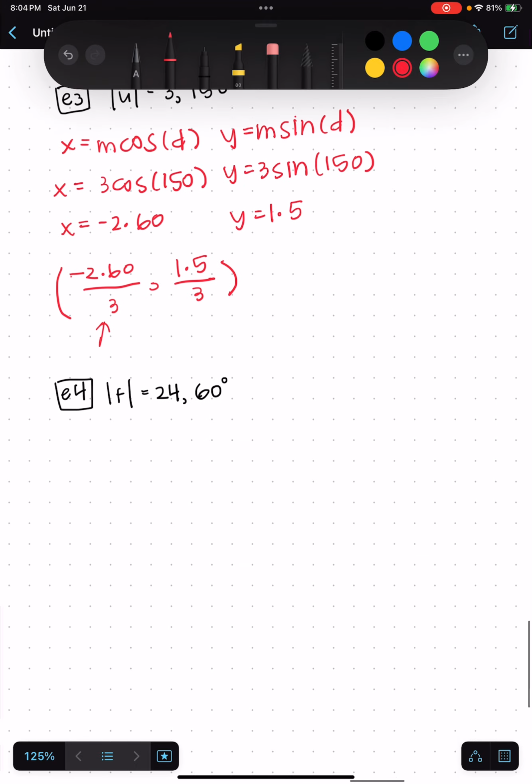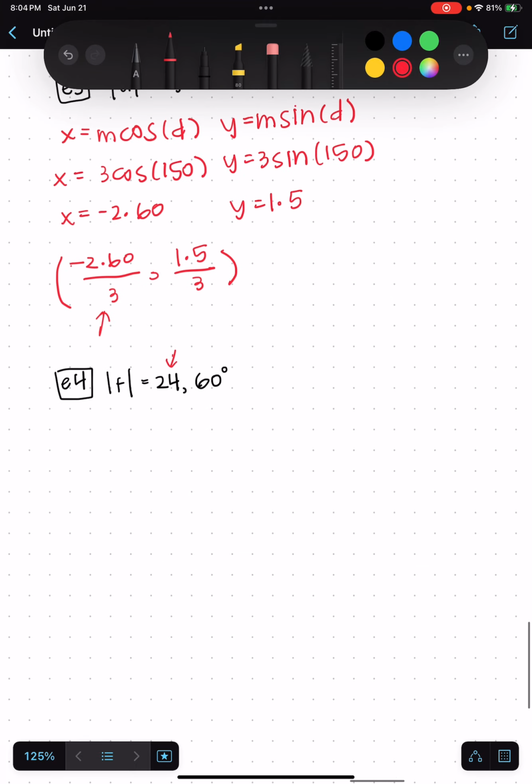Okay. Last one, again, this is your magnitude, so that's what's going to go on the bottom of my fraction, but we need to find our x and y components to be able to put it into that unit vector form. So to do that, I'm going to have x is equal to 24 times cosine of 60, and y is equal to 24 times sine of 60.